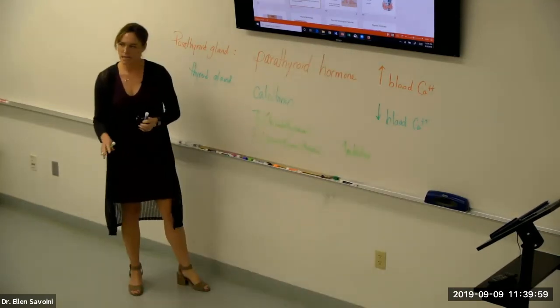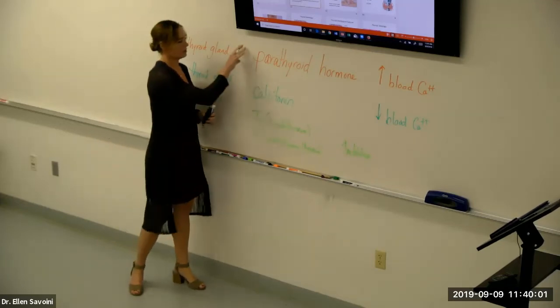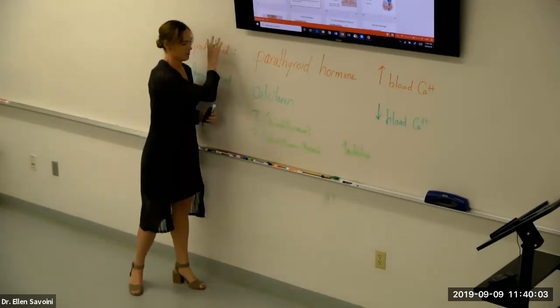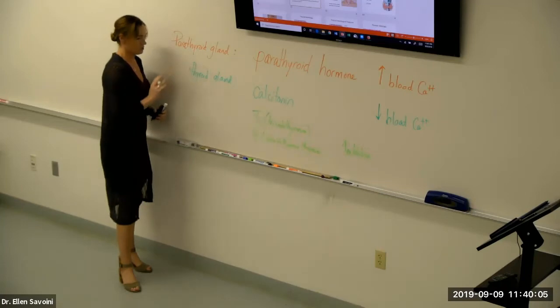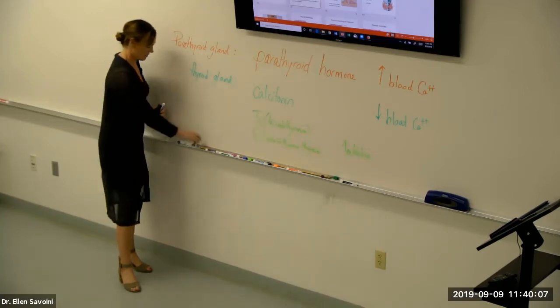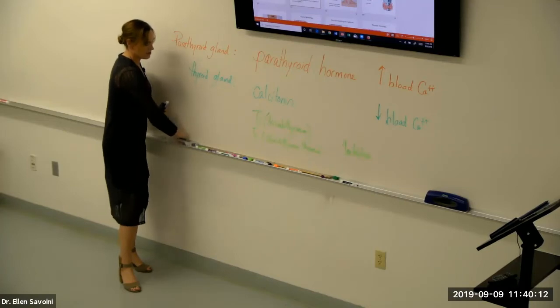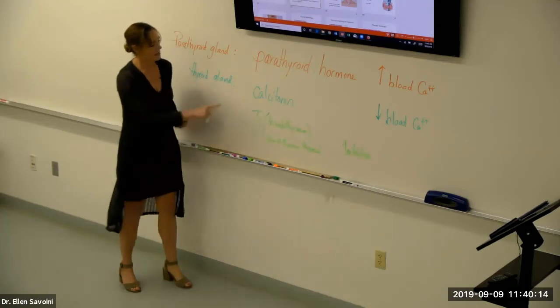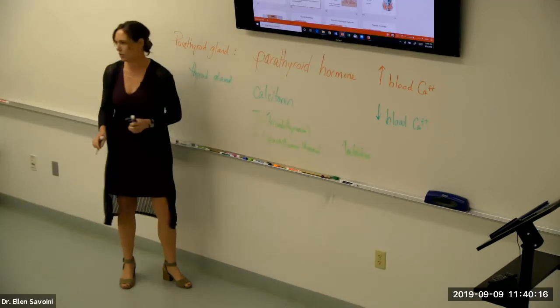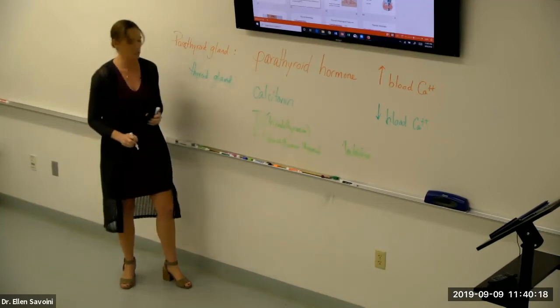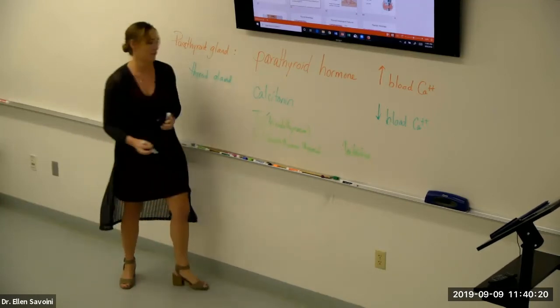Now we're going to add some cells. Since we're not looking at the histology of the parathyroid gland, you do need to know the histology of the thyroid gland. So what are the cells that produce calcitonin in the thyroid gland? Parafollicular cells.